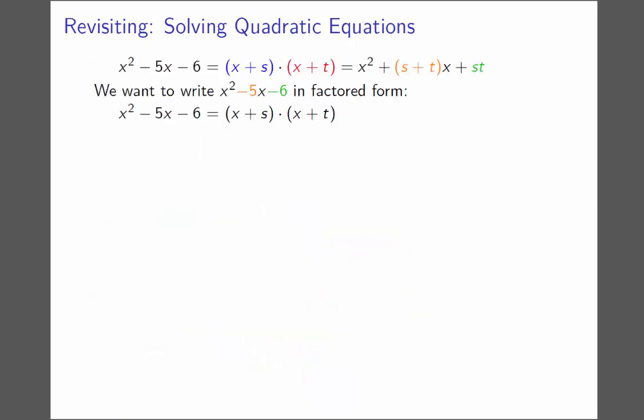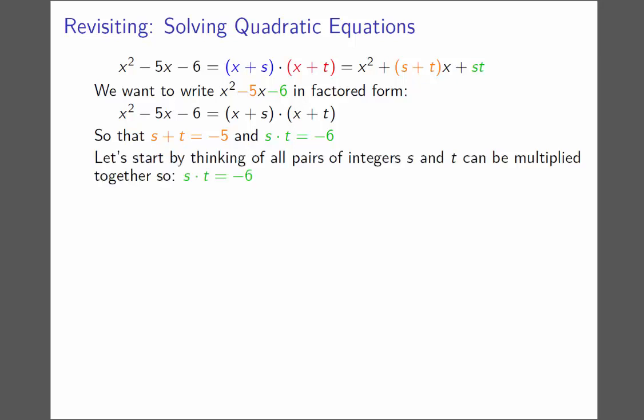So we want to write x squared minus 5x minus 6 in factored form, which means that we want to write it as x plus s times x plus t, where s plus t equals negative 5 and s times t equals negative 6.